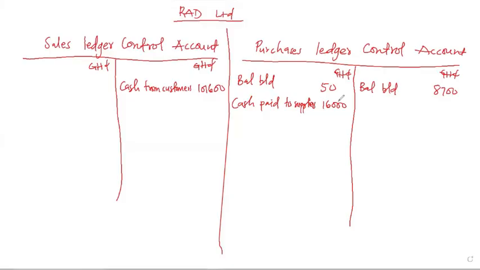When the business makes purchases on credit without paying, we are going to owe our creditors. Then our creditors' balance is going to increase, and if it is increasing, we credit it. So we come here and say credit purchases, which is 20,000.